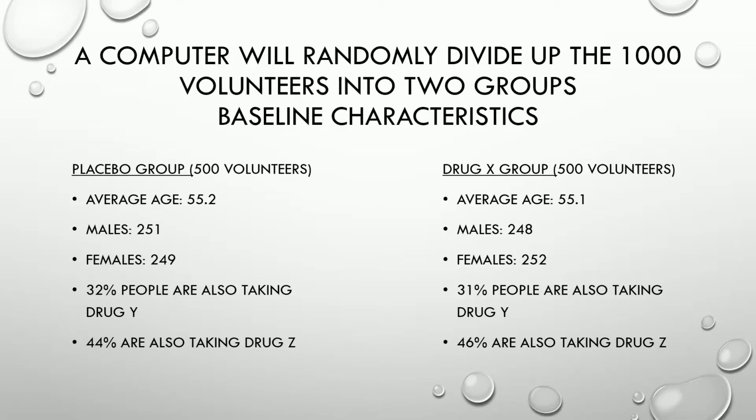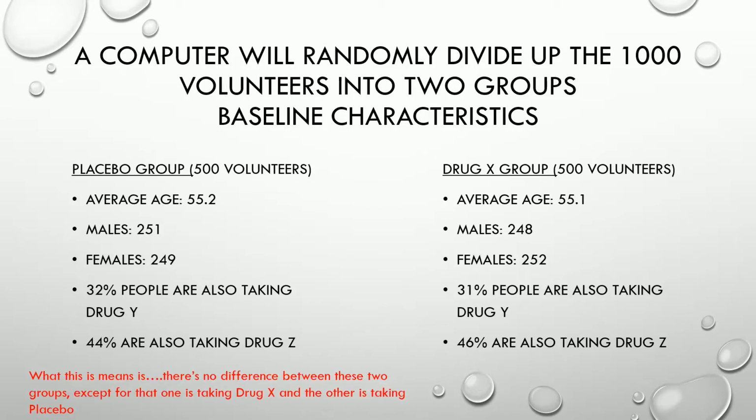Now drug Y and drug Z are not under study in this particular trial. The reason that the computer is matching them in both groups is to make sure that the difference cannot be said to be because of drug Y or drug Z.